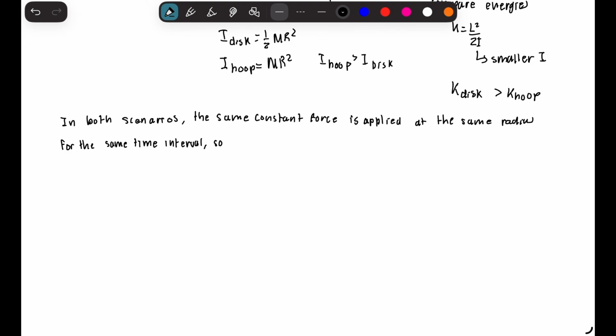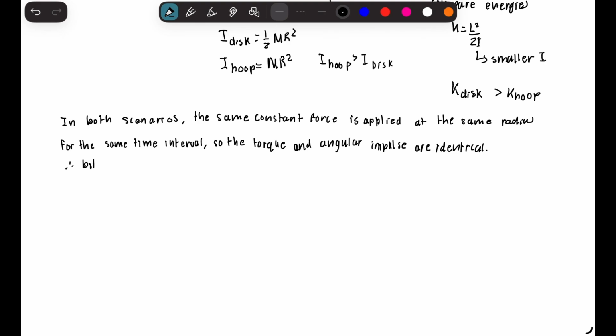So the torque and angular momentum, or angular impulse, are identical.